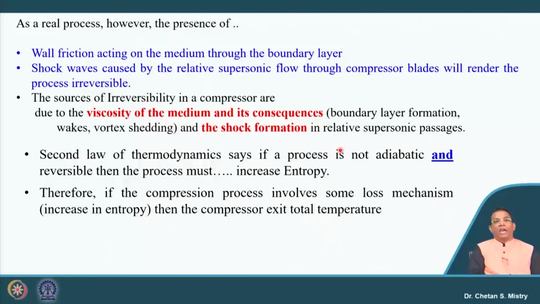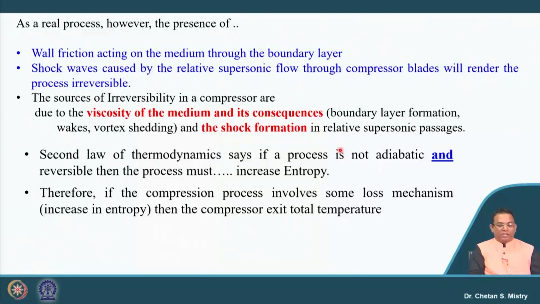So, we have a combination of effects: viscosity, which we define in terms of boundary layer formation, wake, vortex shedding, or maybe shock formation. If that is the case, this process will not be adiabatic and reversible, and that will lead to an increase in entropy.